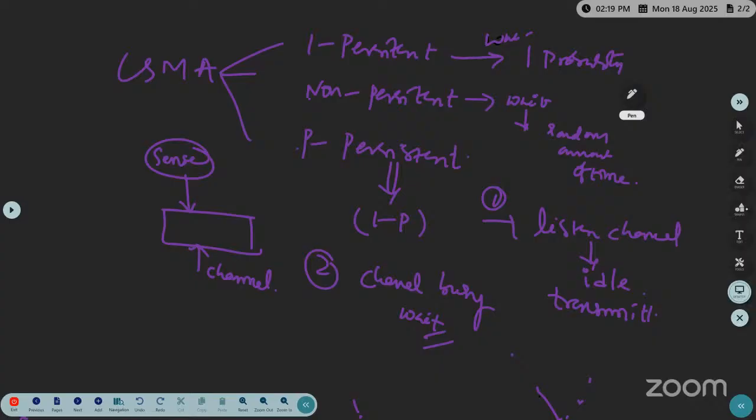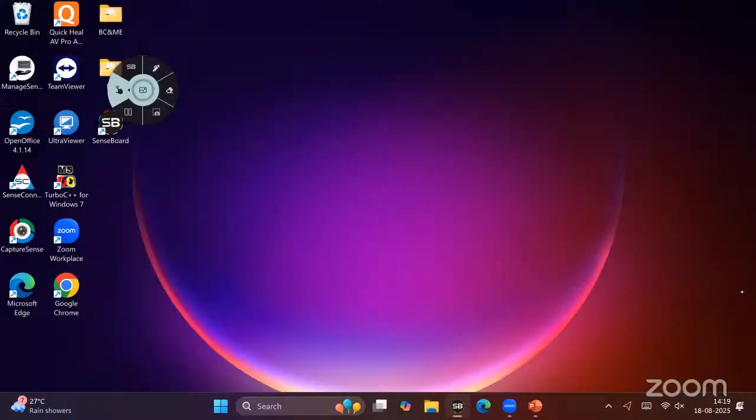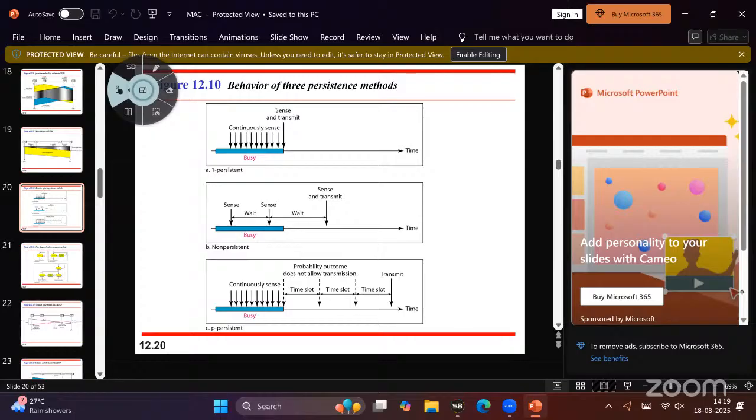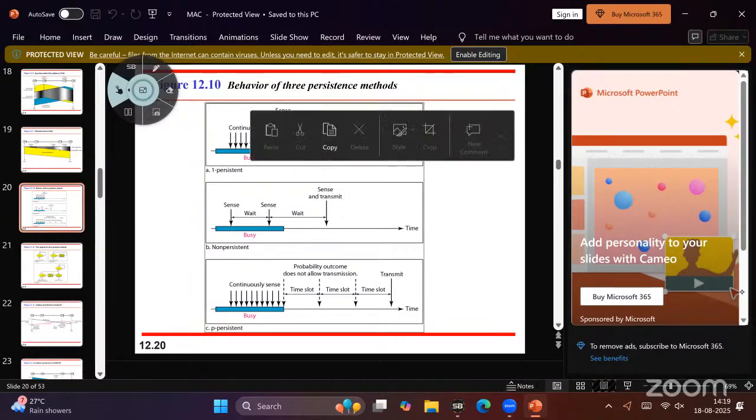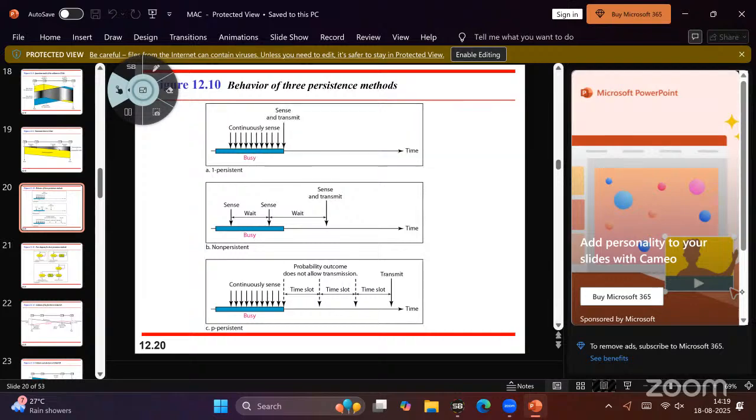See here, in this diagram, in the one-persistent state, we continuously need to sense the channel. The channel is busy, busy, busy. When it is idle, we need to transmit the data. Here, non-persistent: we need to sense.